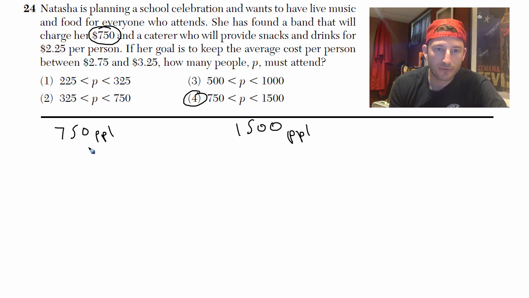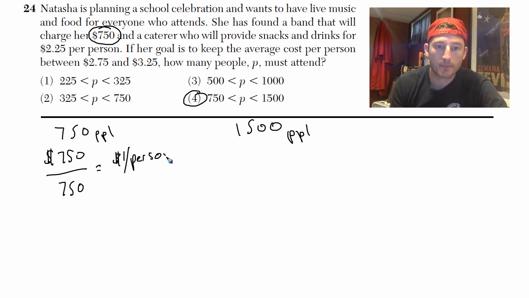So 750 people. So the band costs $750, but 750 people are splitting it. So that means it's $1 per person, just for the band. And then we got to add the fee of the food and the drinks, which is $225 plus $1, right? So that's a grand total of $325 a person if 750 people show up.